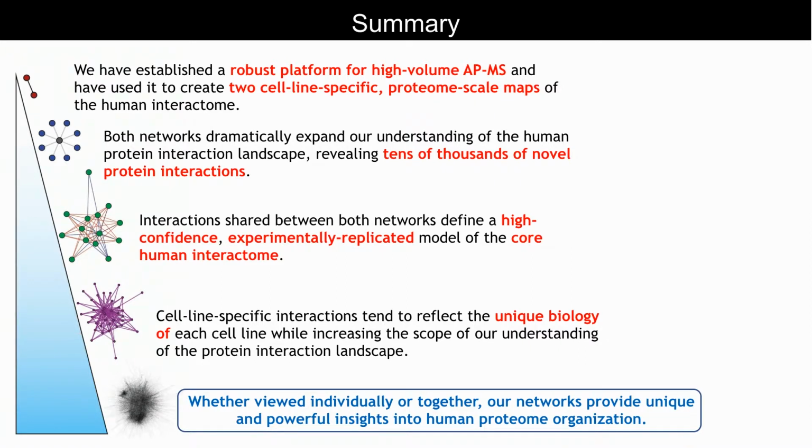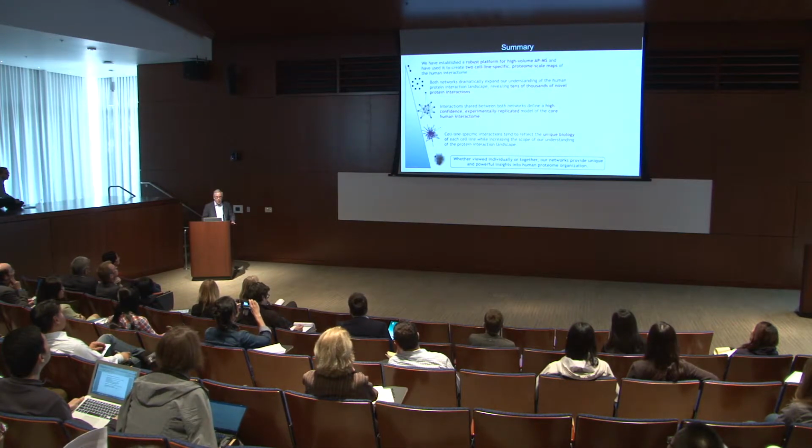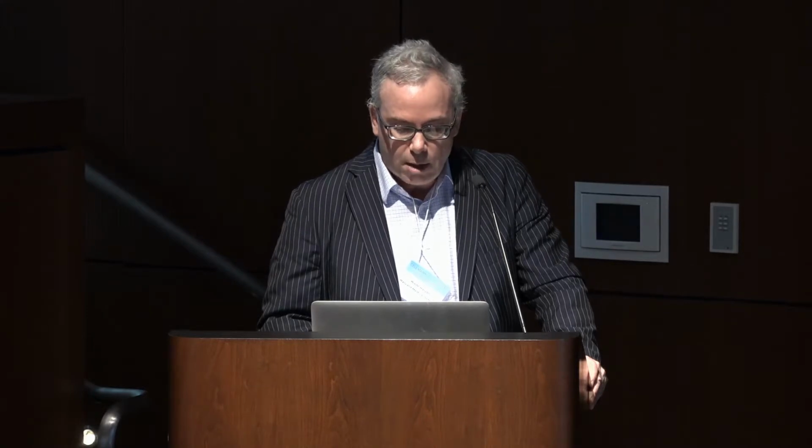So in summary, we've been working for about 6 years to establish this robust pipeline. It works pretty well in the cell lines that we're using it for. We have thousands of novel interactors that need to be prosecuted and studied in some way.